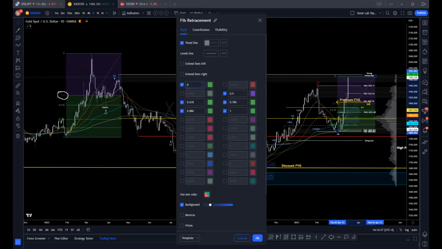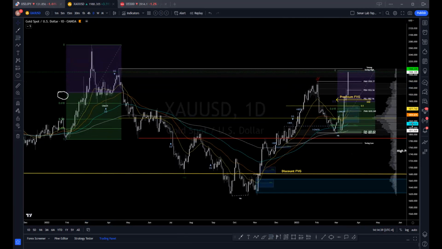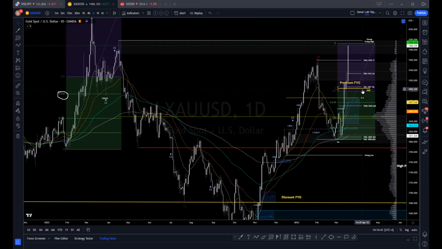Well, guess what? I can tell you, we are looking for gold to come back 50%. So in that regard, I'm more bearish on gold. I haven't shorted gold, but I'm more bearish.